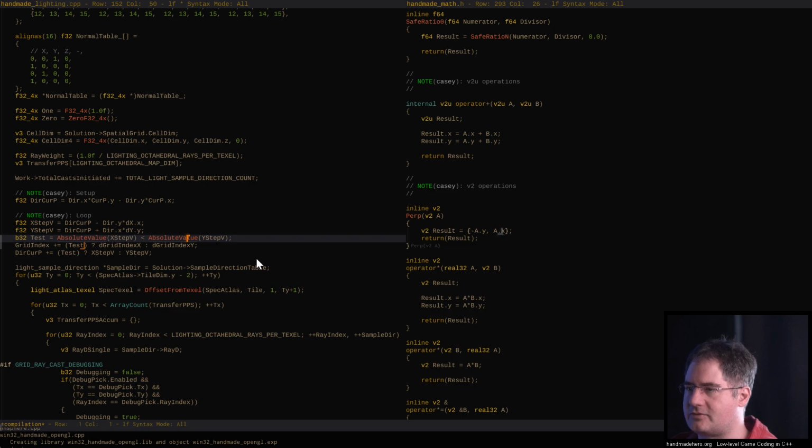Maybe you just don't get much by doing it wide, but that's it. It's 4 ops tops. Then you do have to do an absolute value, so you've got an and, right?